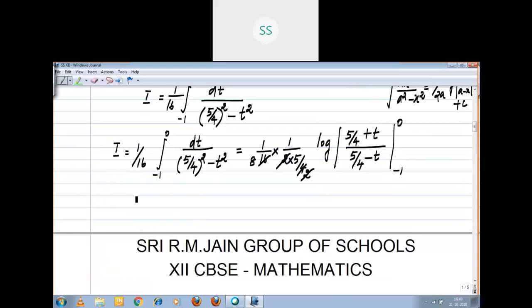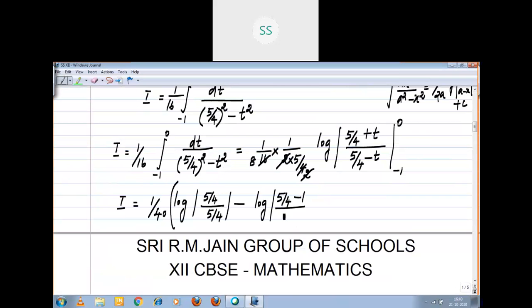I equals 1 by 40 into log of modulus, first the upper limit, 5 by 4 divided by 5 by 4, minus the lower limit, log of modulus (5 by 4 minus 1) divided by (5 by 4 plus 1).